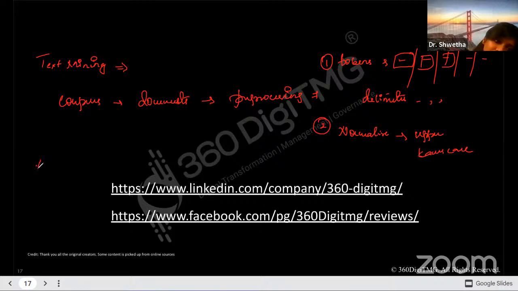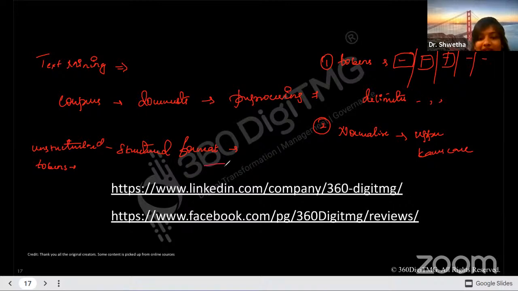So that the tokens, or the unstructured data, can be converted into a structured format. Paragraphs can be converted into tabular form.